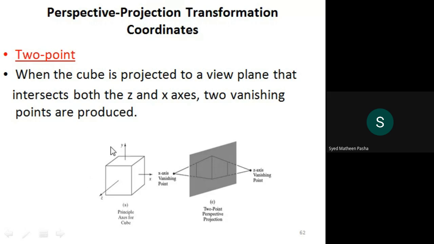Basically, with respect to the object, there was only a single vanishing point, but check out in this example there are two vanishing points with respect to different axes, that is x as well as z, or I can say x as well as y. That is 2 point perspective projection. When the cube is projected to a view plane that intersects both the z as well as x axes, it consists of two vanishing points.